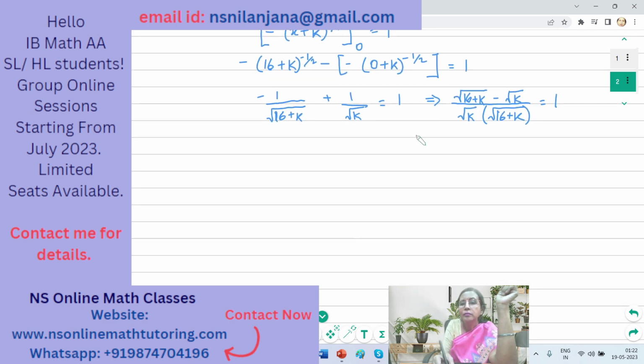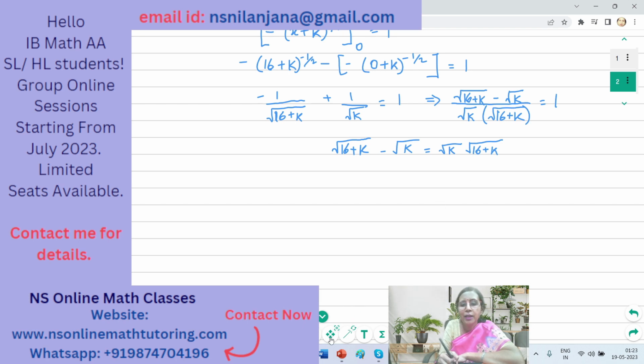And then let us cross multiply. So we are having root 16 plus k minus root k. This is equal to root k times root 16 plus k.